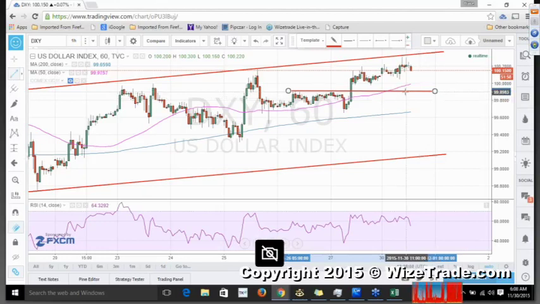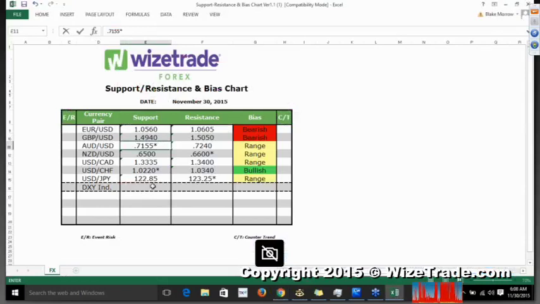So 99.90 should offer good support. Resistance is going to be just above here at 100. We'll call it 100.30, which is actually the resistance horizontally. So 99.90 and 100.30.